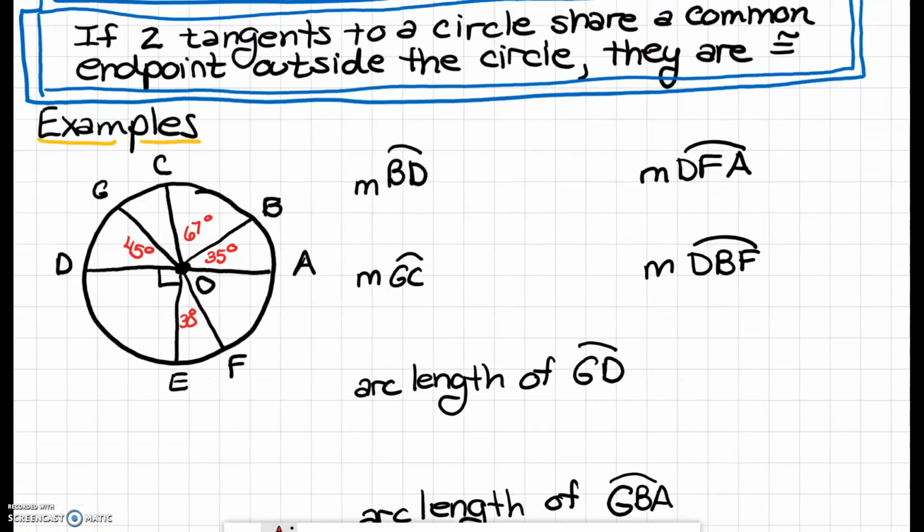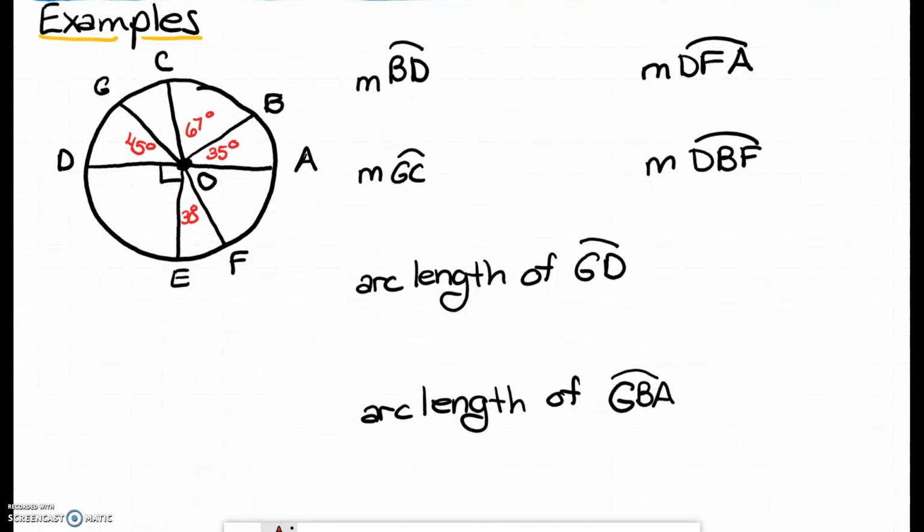All right, so let's walk through some problems. Very first one, I give you a circle here. There's a couple of arc or central angle measures that are missing. So let's go ahead. I like to start off by first finding those central angles. So I know all the way around here is 180 degrees. So if I add up all of those, CG is missing. So 45 degrees plus the measure of CG plus 67 plus 35 should equal 180 degrees.